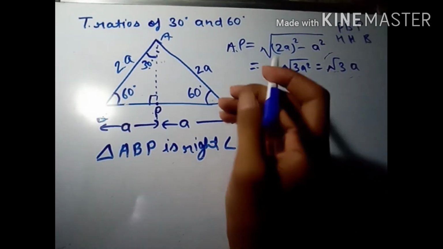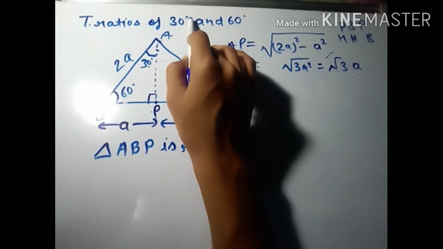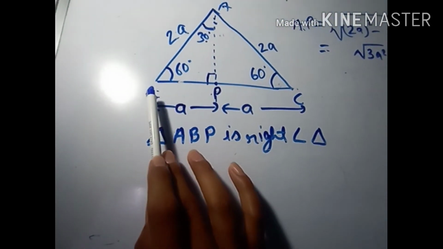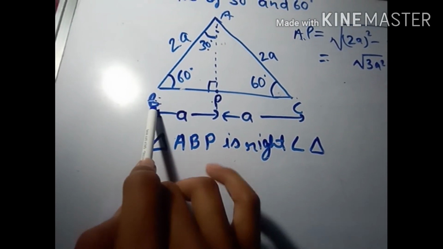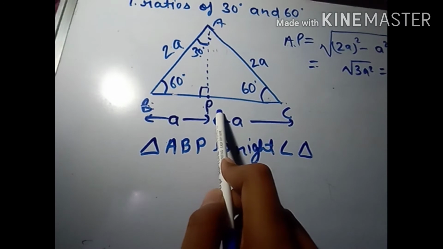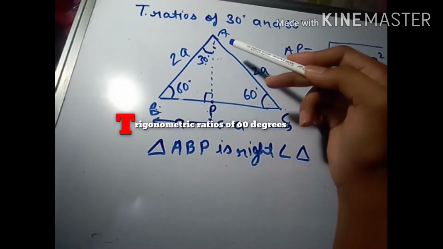Now we are done with the trigonometric ratios of the 30 degree angle. So let us proceed to 60 degree. Since you can see here clearly that 60 is at vertex B, which will be the perpendicular and which will be the base? Do you know about it? I told you. Let me tell you again.